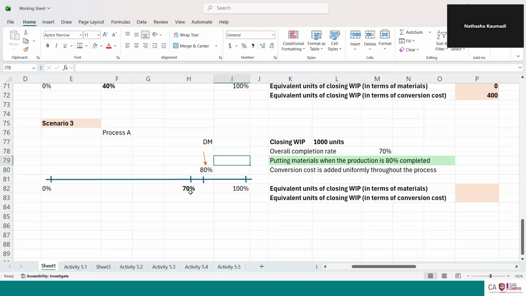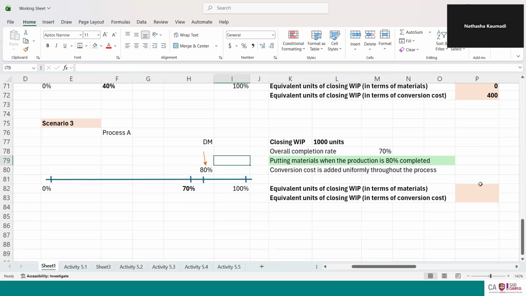Now what? We are 70% completed. We will get the materials when we reach 80%. Do we have the materials we need at the 70% completion rate? Still not received. That means what is the completion rate in terms of materials? Still 0.